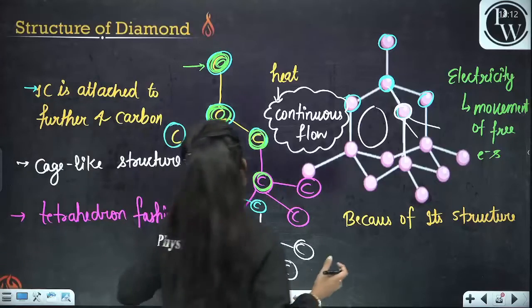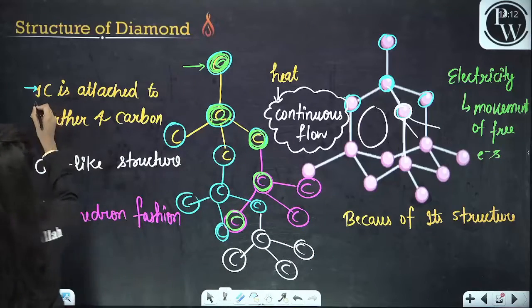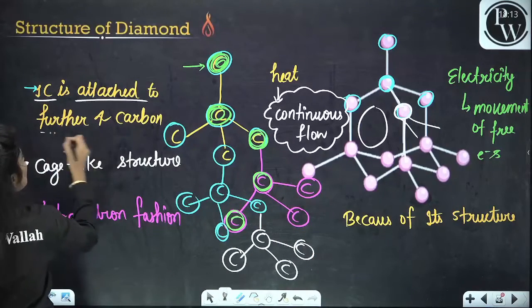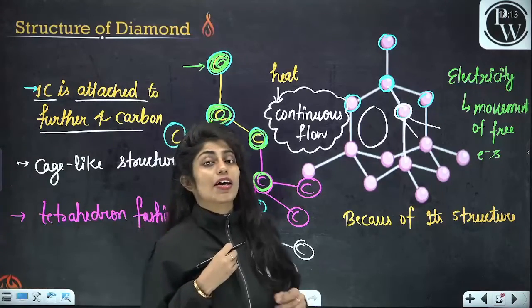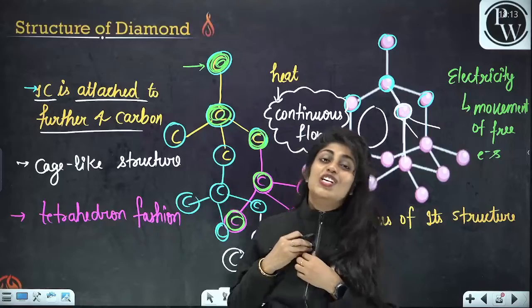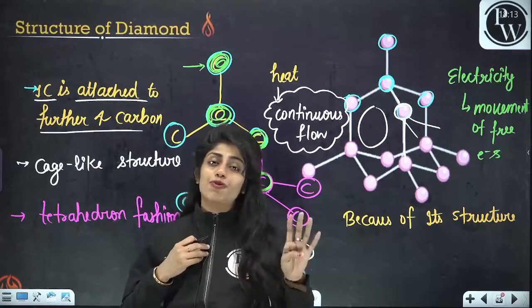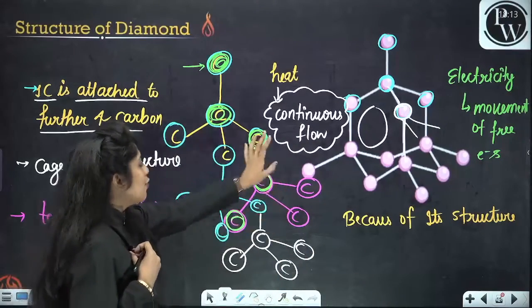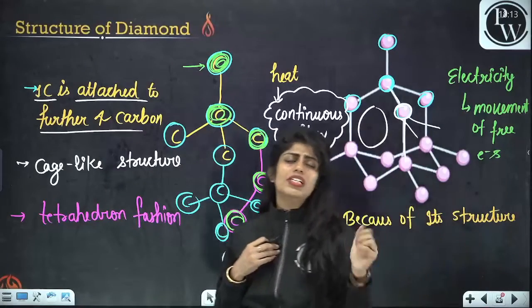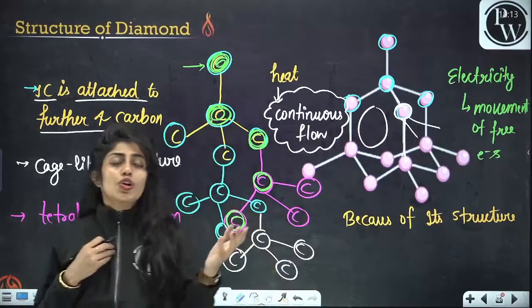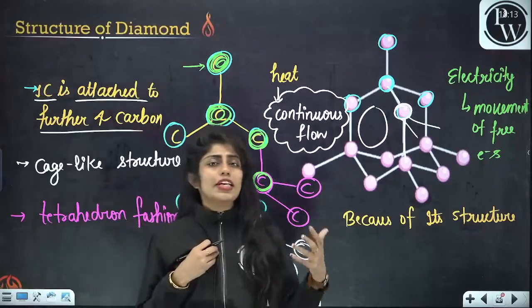So let's check. I have written here that carbon is attached to 4 further carbons. Carbon has a valency equal to 4, so carbon is supposed to make 4 bonds only. If carbon is already engaged with 4 other carbons in the structure of diamond, is there any possibility of getting free electrons?